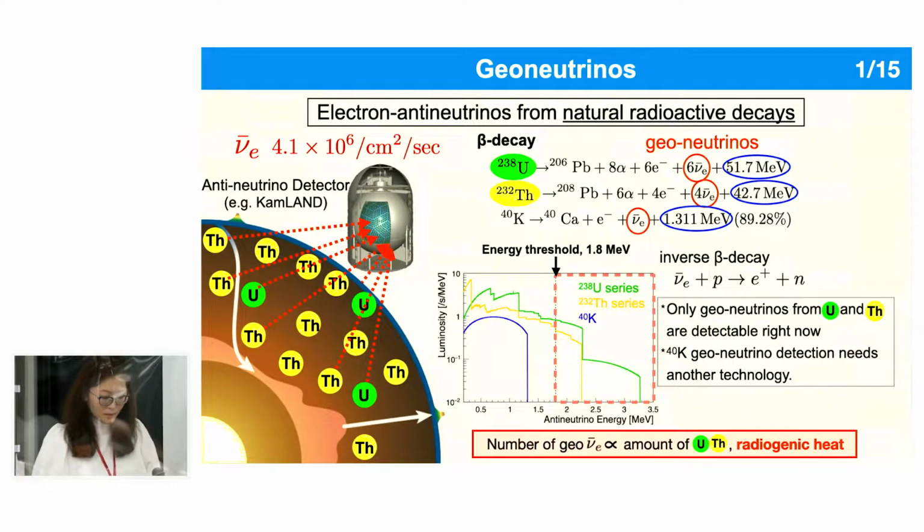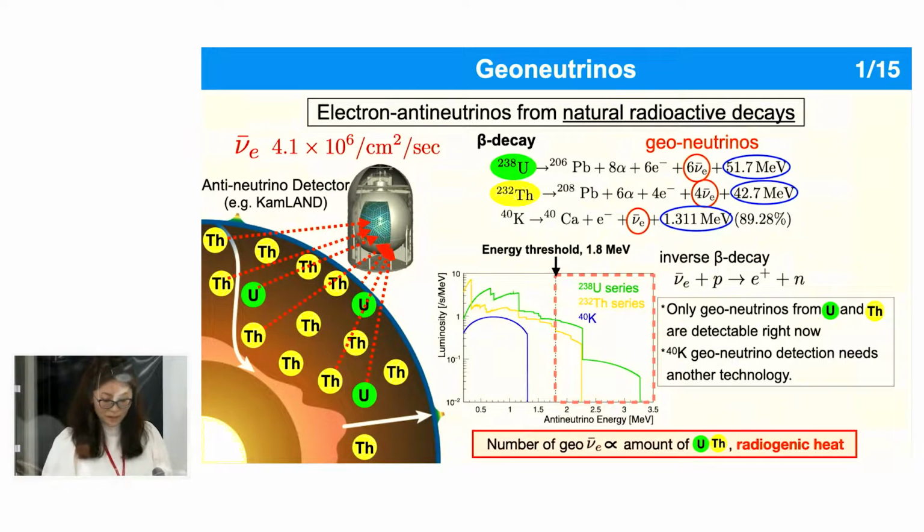Each element has this kind of beta decay, and as you can see, this beta decay has an antineutrino, which is called a geoneutrino. At the same time, it produces heat, which is one kind of the Earth's heat driving the Earth's engine.